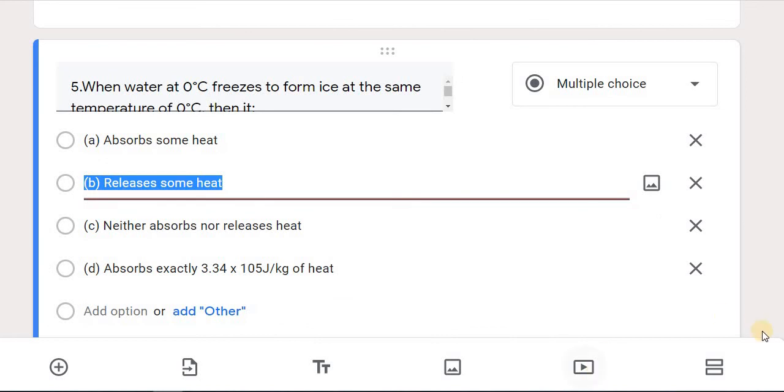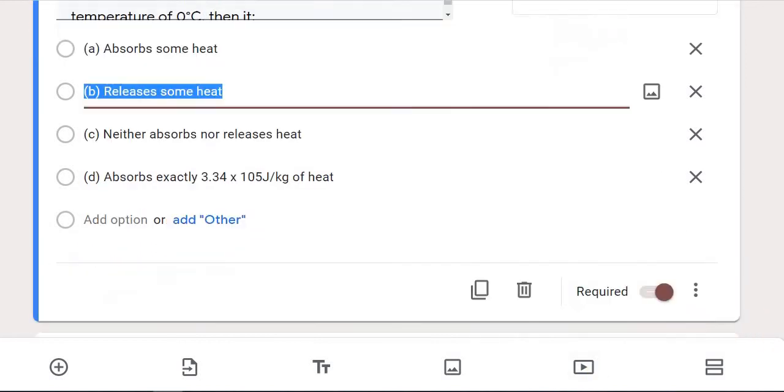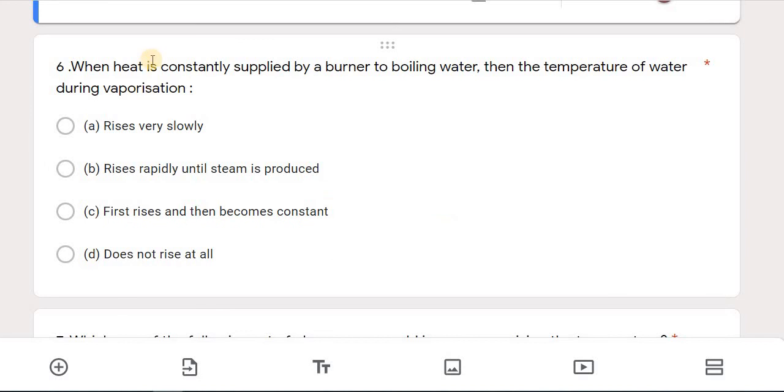Now let's move further. Question number 6. When heat is constantly supplied by a burner to boiling water, then the temperature of water during the vaporization. Option A, rises very slowly.